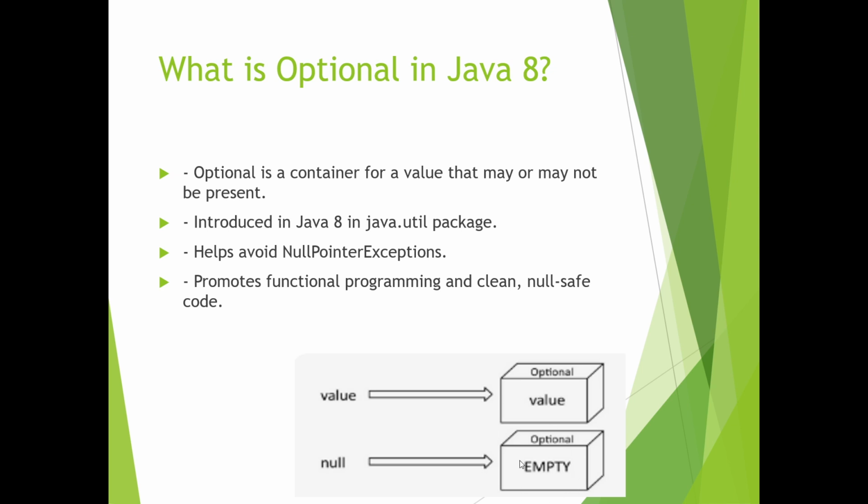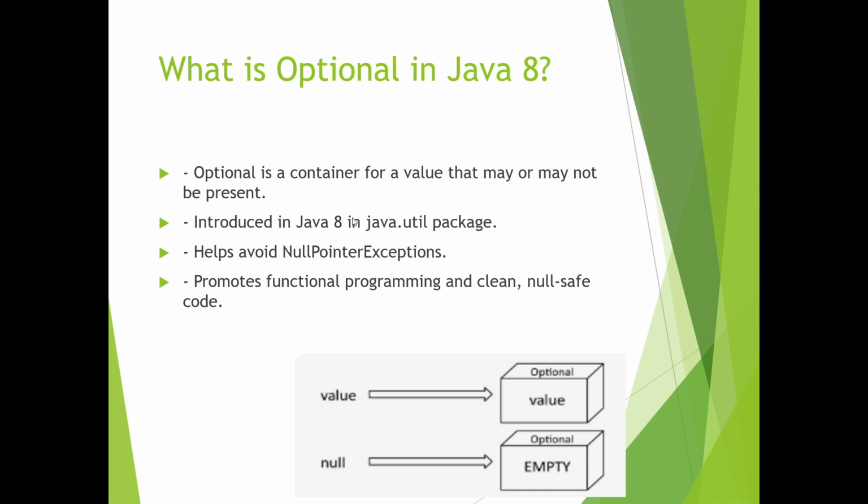So you can check whether a value is present or not. The Optional class has the method isPresent. With the help of isPresent, you can check this. It will return true or false. If the container has a value, it will return true, otherwise it will return false.